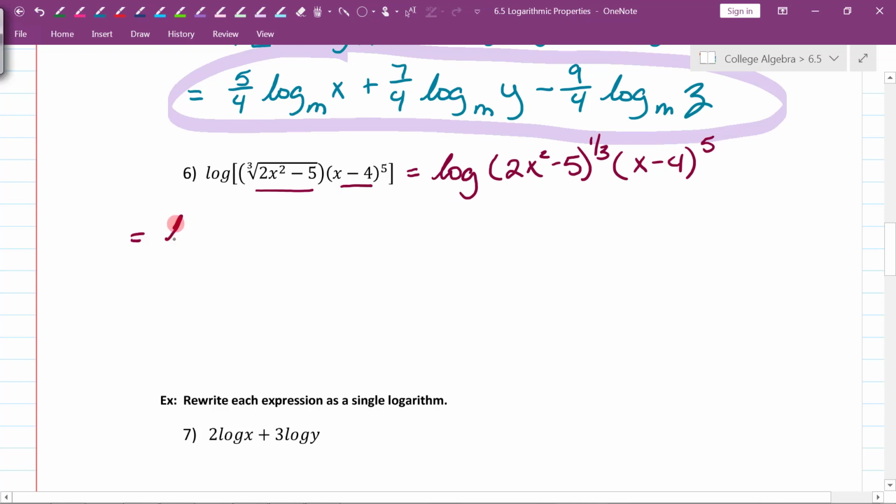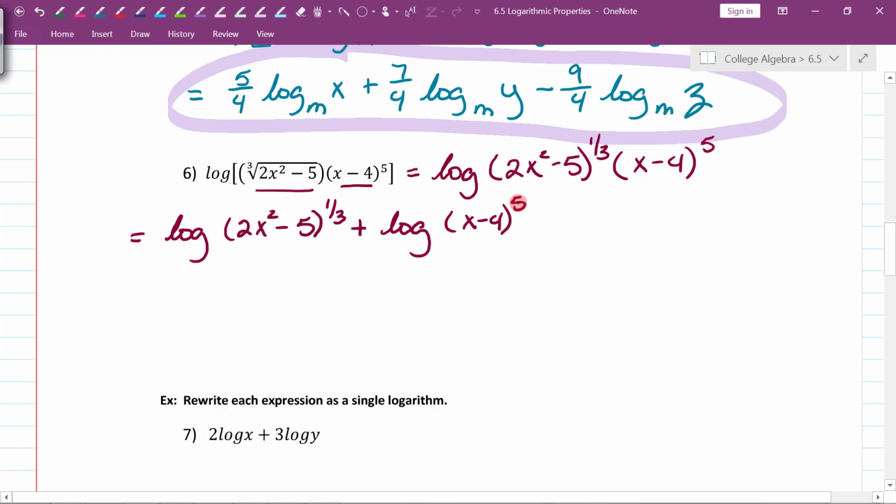So this is going to equal log base 10 of 2x squared minus 5 raised to the 1/3 power plus log base 10 of x minus 4 raised to the 5th power.